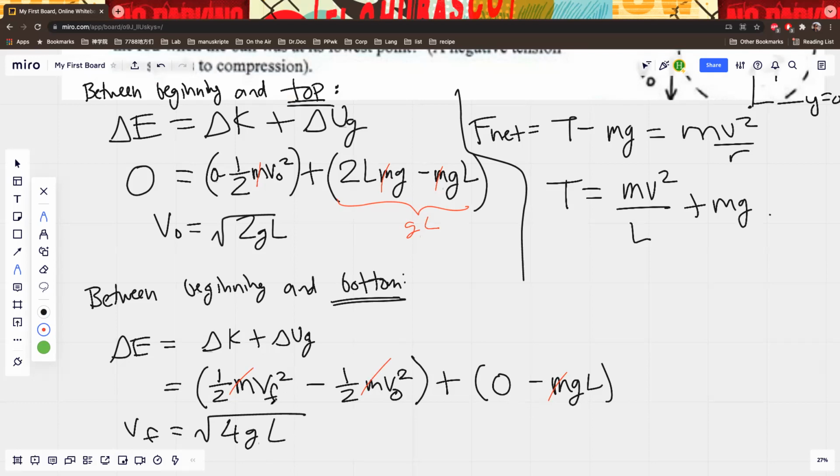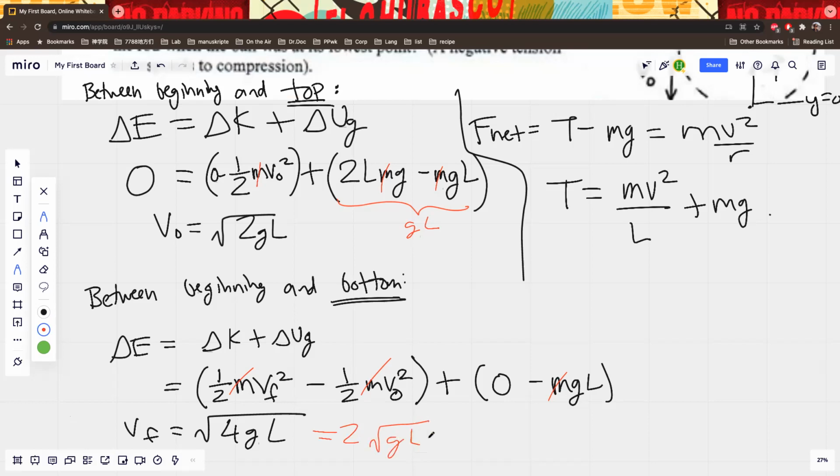So I get positive 2gL equals vF squared minus v0 squared, but v0 squared is just 2gL. So I end up with 2gL plus 2gL, that's 4gL. 4gL equals vF squared, so vF equals the square root of 4gL, or I could write this as 2 times the square root of gL.